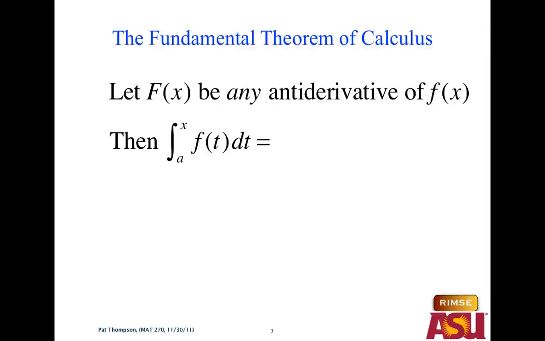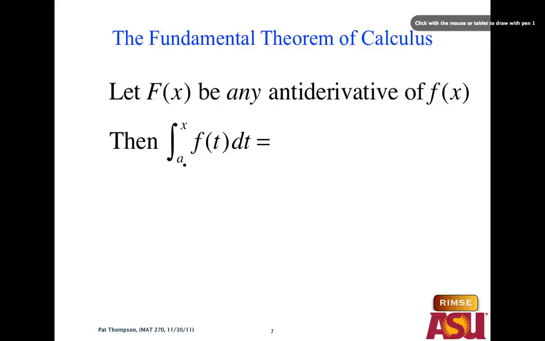If capital F is any antiderivative of little f, then, and little f represents what kind of function in this context? Rate of change, right? So f in this context represents a rate function. So then what does this represent in this context? Okay, be more specific. Open form accumulation.